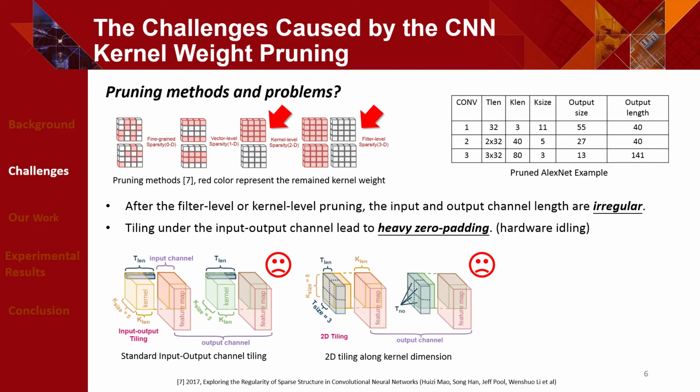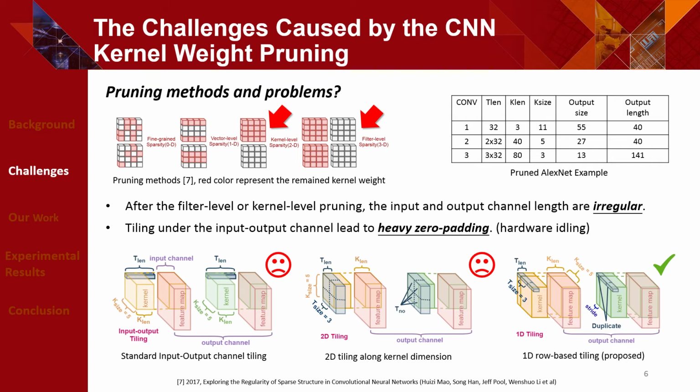Actually we can use a different tiling method, for example 2D tiling, which tiles along the width and height dimension. However, this still introduces a problem. Although we reduce the input and output channel tiling length, with height and width 2D tiling, there are two edges of zero padding that may be caused by different kernel sizes as well.